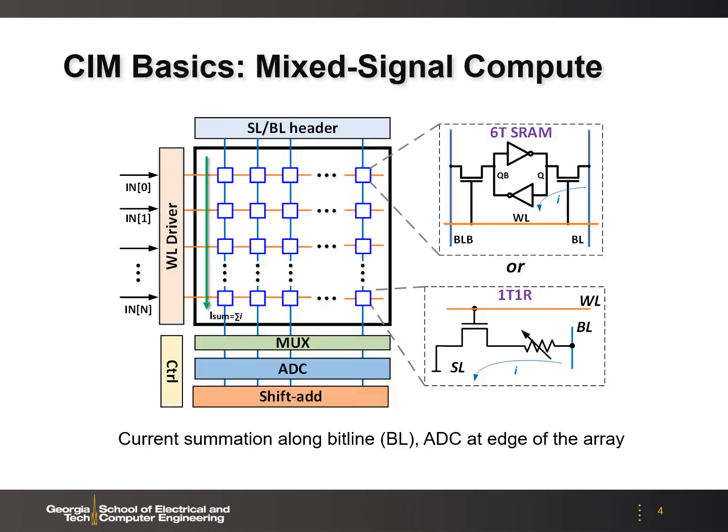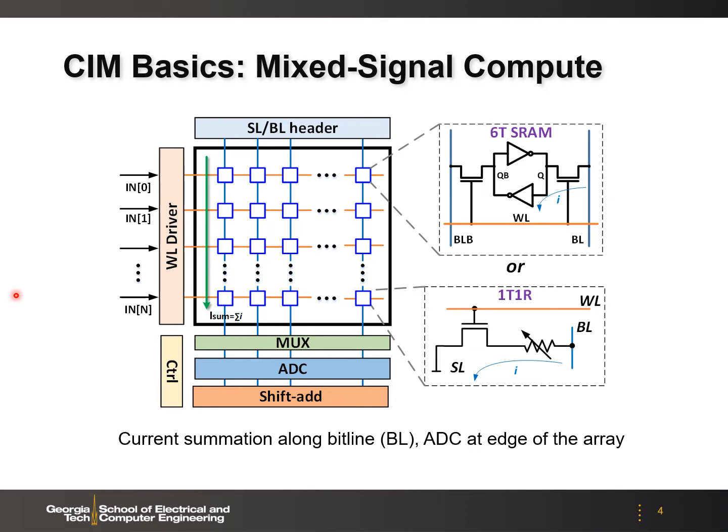Here is a closer look at one subarray of the computing memory paradigm. So here we show the memory arrays in the rows and columns, where each cross point here represents a memory cell. So the memory cell can be either like 6 transistor SRAM bit cell, or like 1 transistor, 1 resistor RRAM cell.